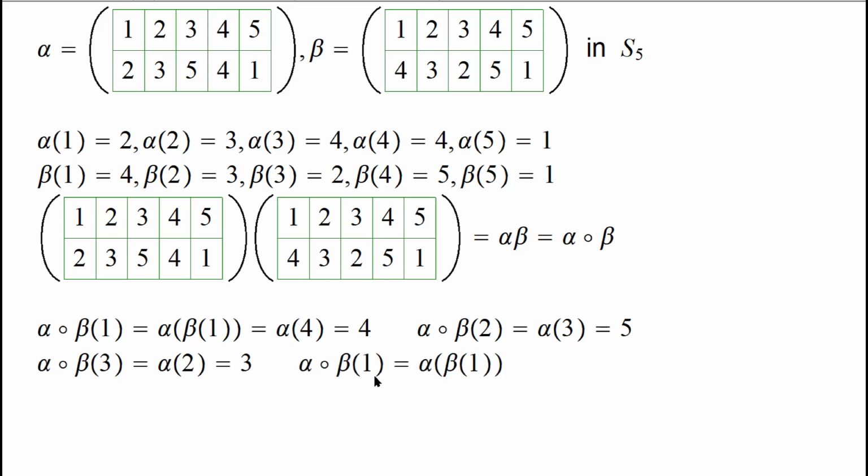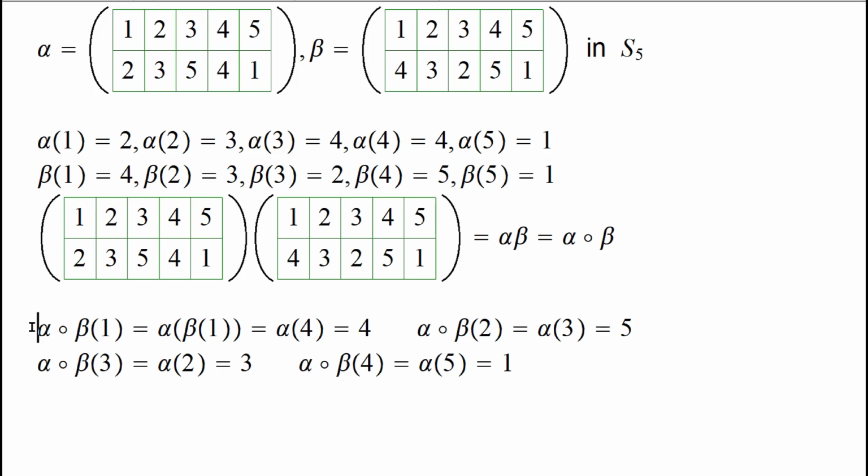And then here we got 4. Beta of 4 is 5, and alpha of 5 is 1, right? So 4 goes to 1.